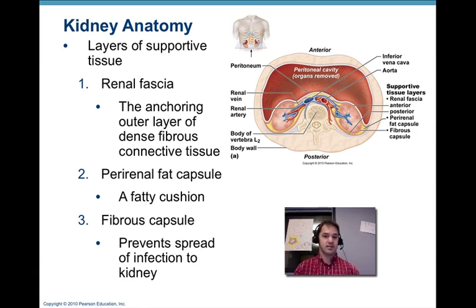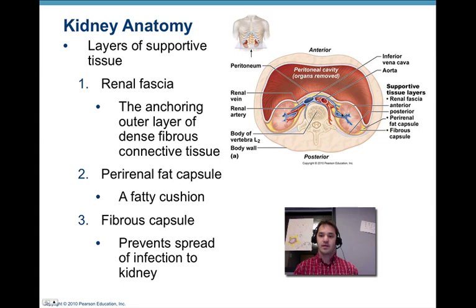This is dense fibrous connective tissue that anchors the kidney in place, and we've got a perirenal fat capsule. That's this yellow stuff here, and that protects the kidneys. So if you're punched in the back or something, or you fall, it provides a nice fatty cushion.